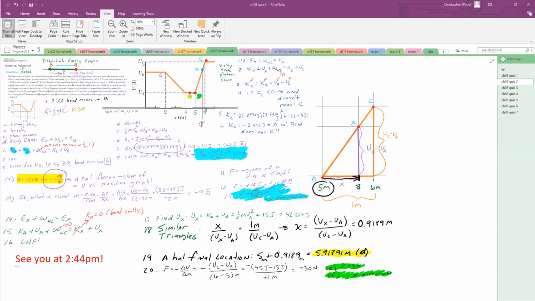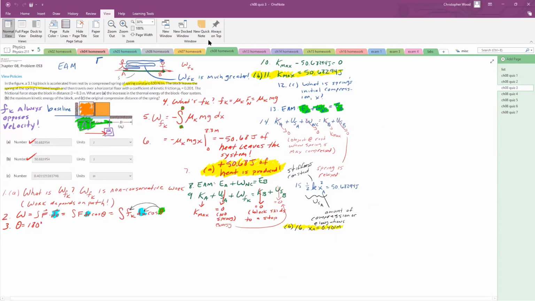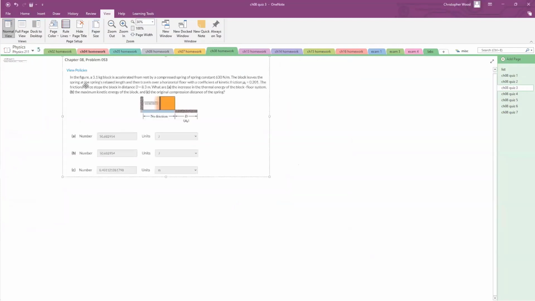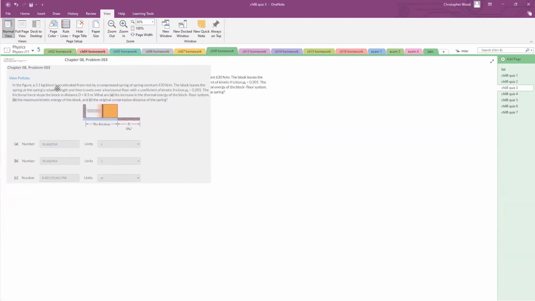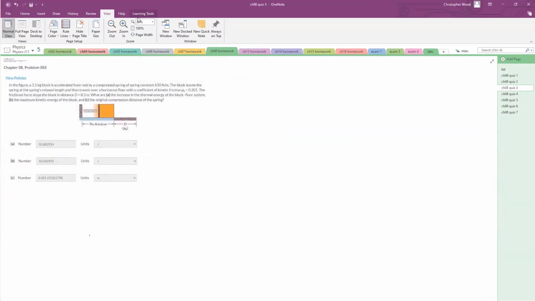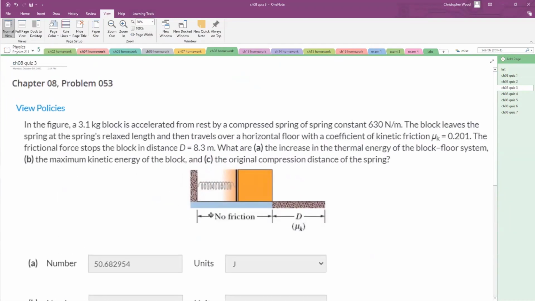Next up, chapter 8, quiz 3. Looks like this. Energy analysis, still energy analysis.